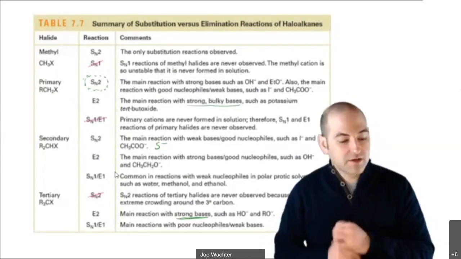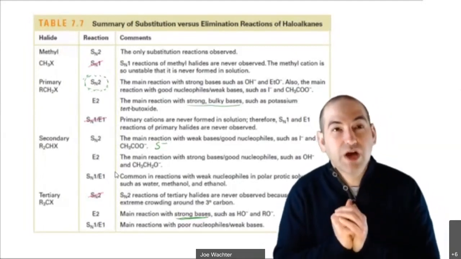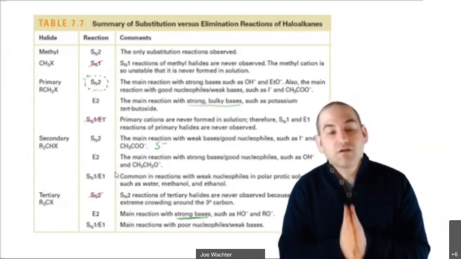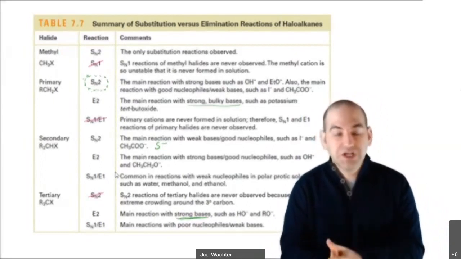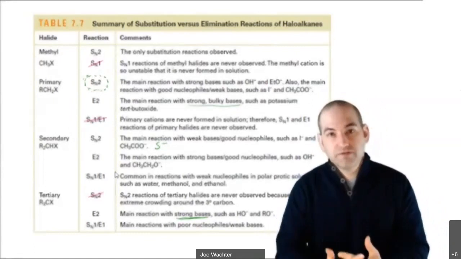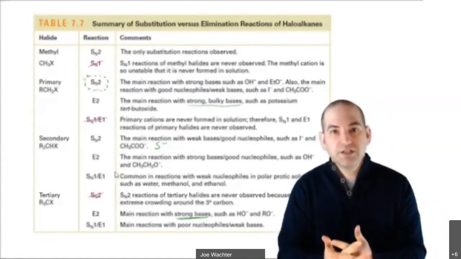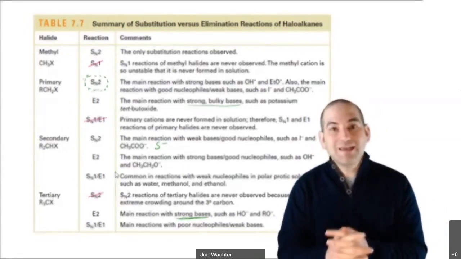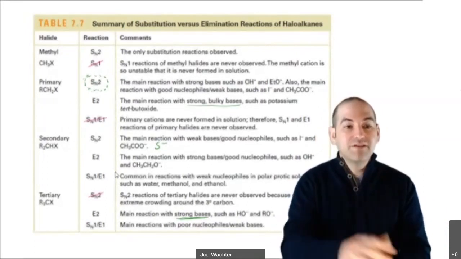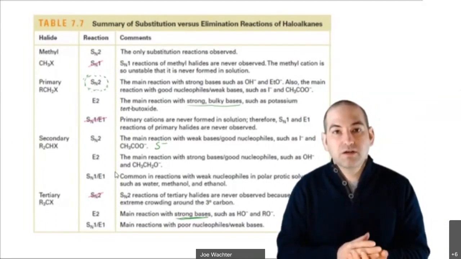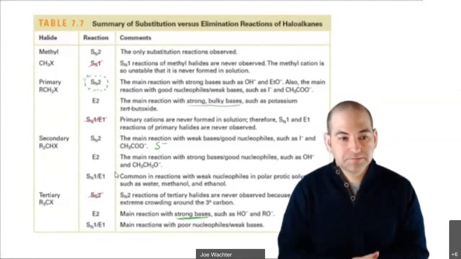I should say the other place this comes up, by the way, is in the next chapter, chapter 8, with the alcohol reactions, because you have dehydration and you have substitution of alcohols with HBr, HCl, and those can proceed by any of these four mechanisms, depending on what the conditions are, like what the substrate is.